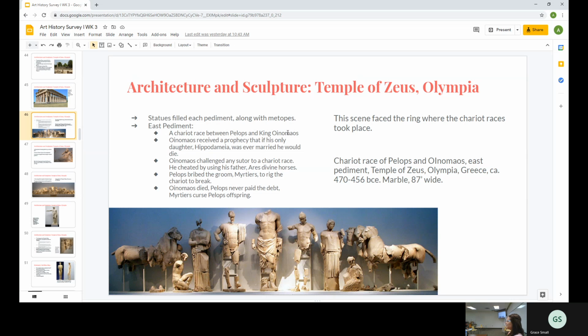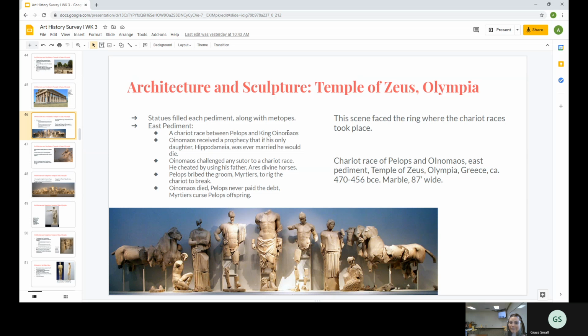So he set up this competition for any of her suitors that they had to beat him in a chariot race to win. But the thing is Oenomaus was using Mars's horses and chariots to win. So mythological horses. So no human charioteer could actually beat him.